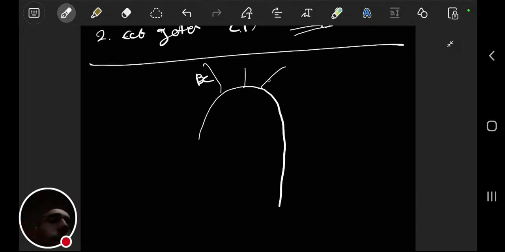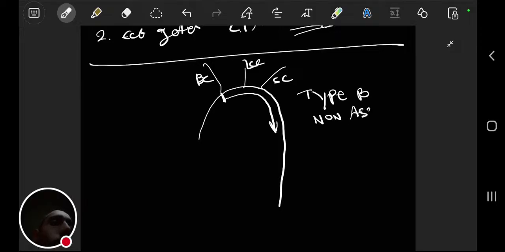This is the brachiocephalic, this is the subclavian, and this is the left common carotid. If the dissection is from the brachiocephalic to a distal part, this is called a Stanford type B, which is also called non-ascending aortic dissection.